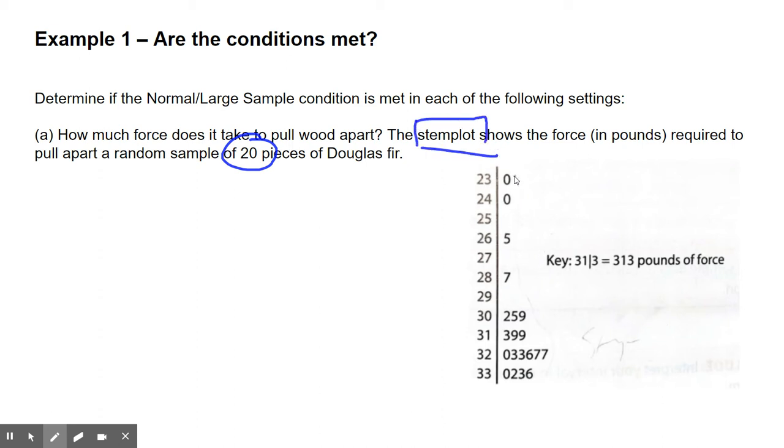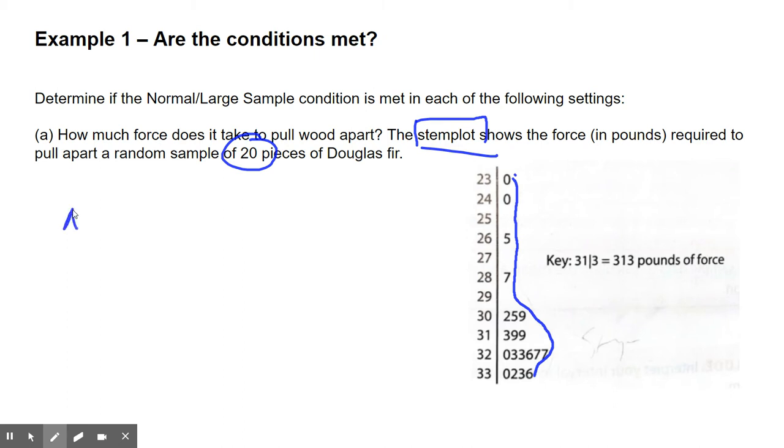So number three, they have the stem plot for you already. But now look here. Again, stem plots, you have to kind of turn your head, right? But if you look, to me, this guy looks pretty strongly skewed to the left. So in my opinion, this would not meet the normal large sample condition. So when it doesn't meet, I need you to explain all three parts.